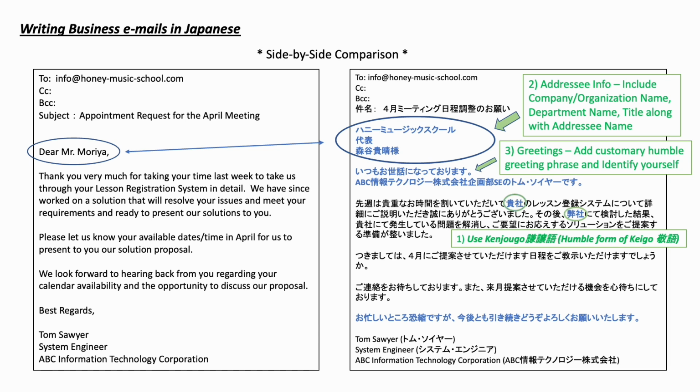Finally, we see the use of customary humble closing phrases in the closing remarks section, also unique to the Japanese version. In this business email example, we have used commonly used humble phrases for both opening and closing. Let's now look at these points in further detail on the following page.